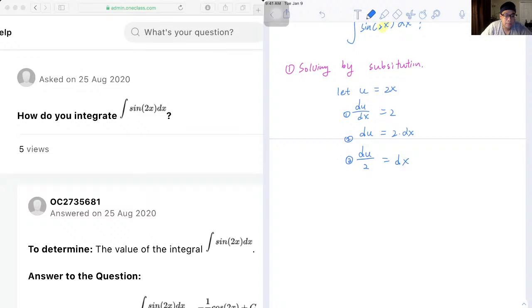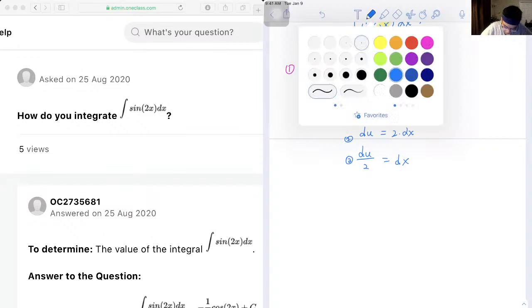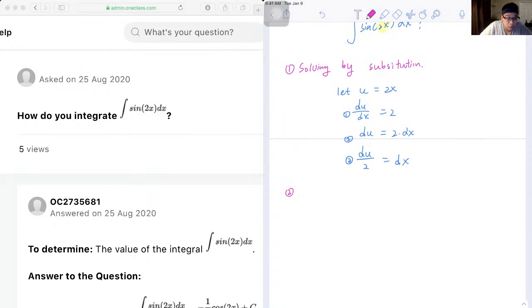And yep, our next step, we will replace the values of sine 2x and dx in the given integral.